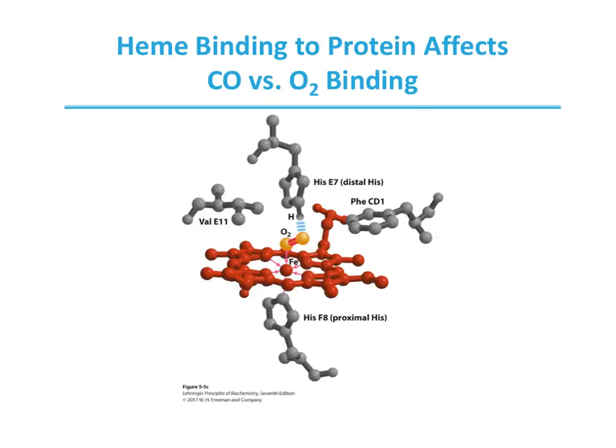And this picture is just a zoom in on the heme, showing how the oxygen will be bound to the iron, and then the histidine is also going to be coordinated to that iron atom.